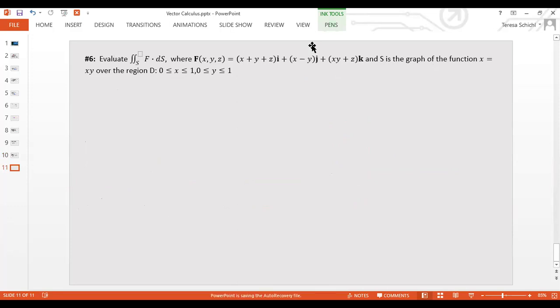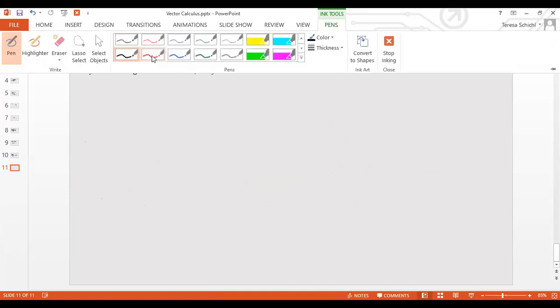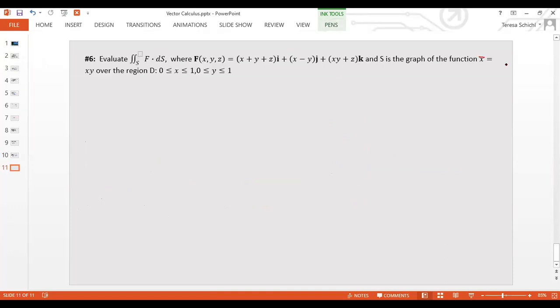So in here it is the same thing. I'm going to evaluate this surface integration, and I have these functions here. The surface is a function z equal to xy, over the region x from 0 to 1 and y from 0 to 1.